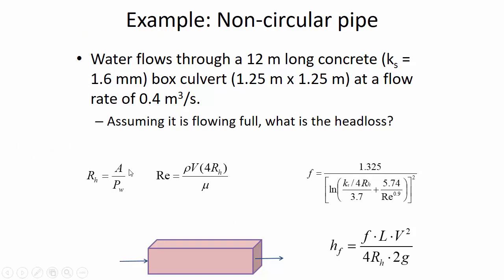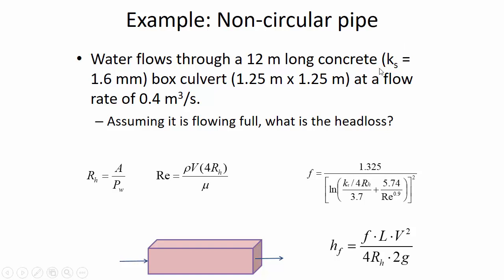Let's do that. Let's say that we have a box culvert, so it's square in shape, and it has a 12-meter length. We know that since it's concrete, that's going to have a relatively high equivalent sand roughness, so the K sub s or epsilon, the two terms are interchangeable.